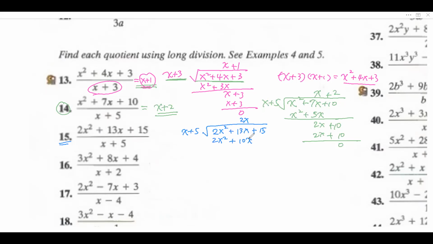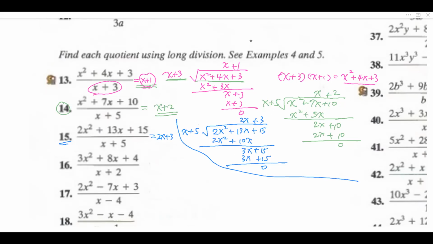Someone may be asking me where 10x comes from. The 2x here, the 2x times 5, so you get a 10, right? Top minus bottom, so you get 3x, here you get 0. So right now we find 3, right? 3 times 5, you get 15 and 0. The remainder is 0. The lucky thing, the remainder is 0. So this gives 2x plus 3. Got it?